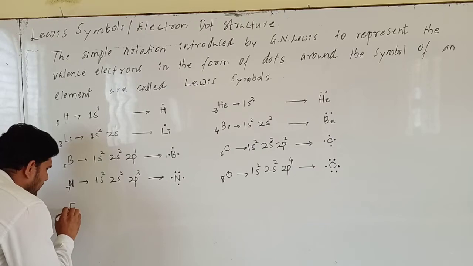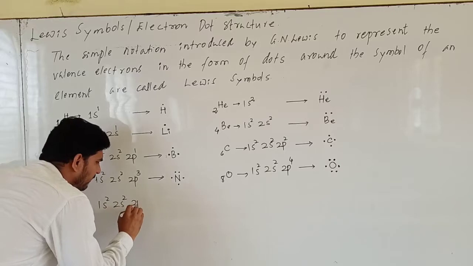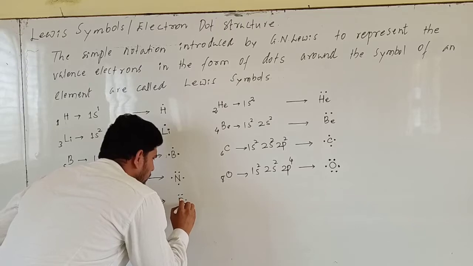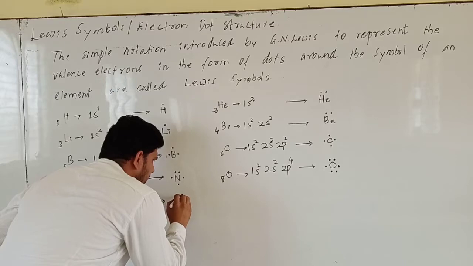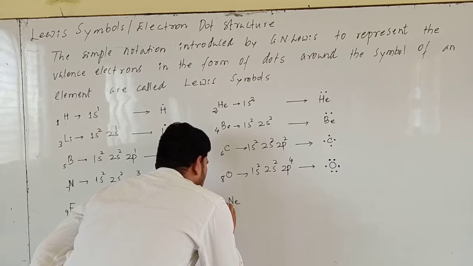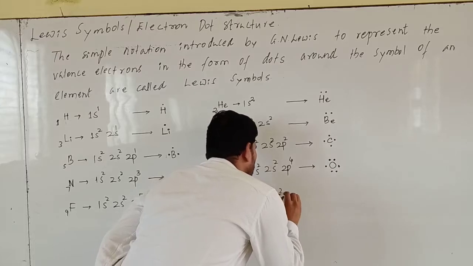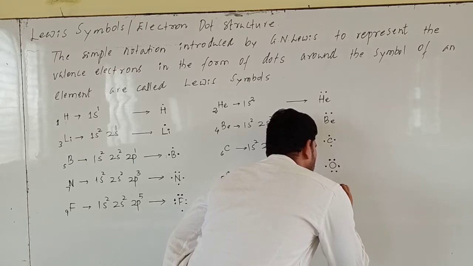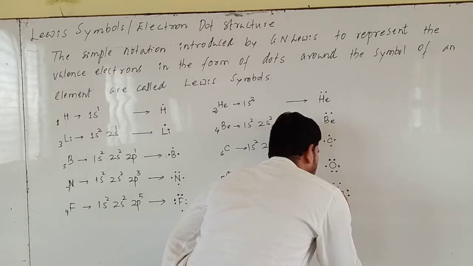After oxygen, fluorine with atomic number 9: 1s2, 2s2, 2p5. That is 2, 7 valence electrons in the outer shell. Neon, with atomic number 10: 1s2, 2s2, 2p6, eight valence electrons.